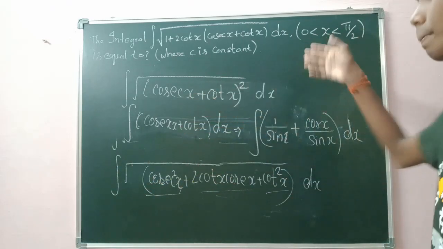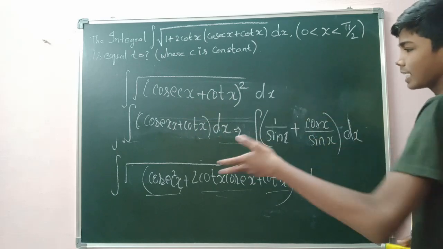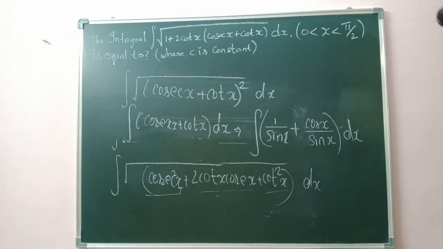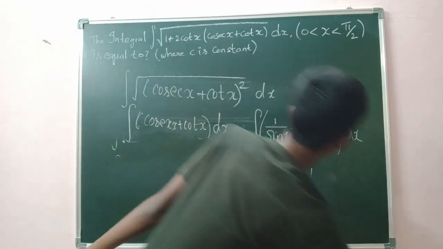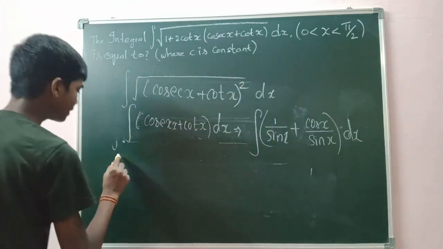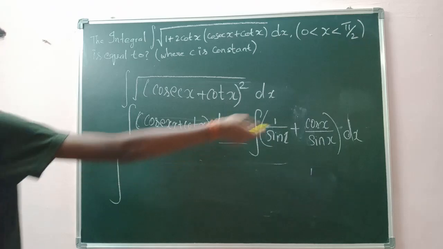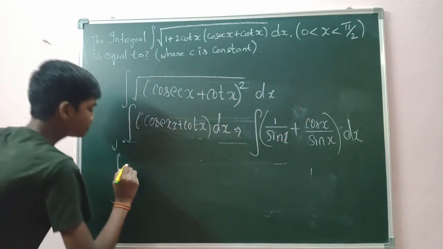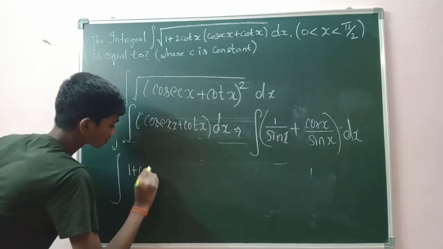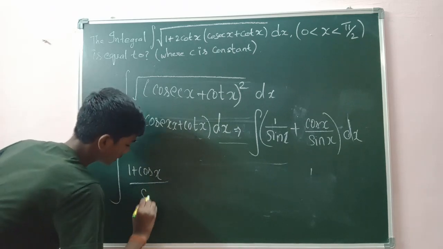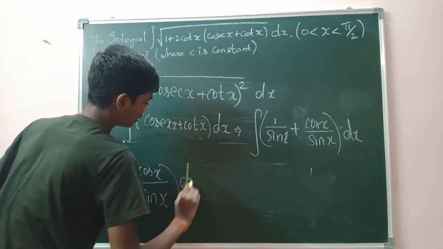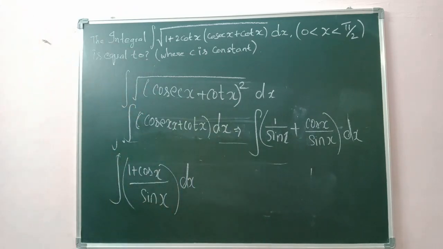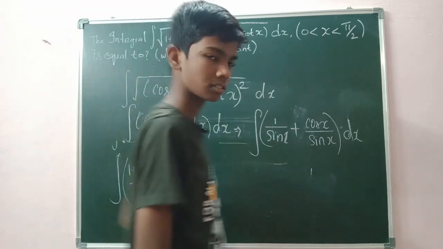So cosecant x is 1 by sin x, cot x is cos x by sin x, and now try to simplify it a lot, and then you will be getting the answer for sure. So this I can write as integral of, so we know the sin x denominator is the same, so 1 plus cos x by sin x the whole dx. Okay, so that is what we are having here. So correct now people, I hope that's perfect.